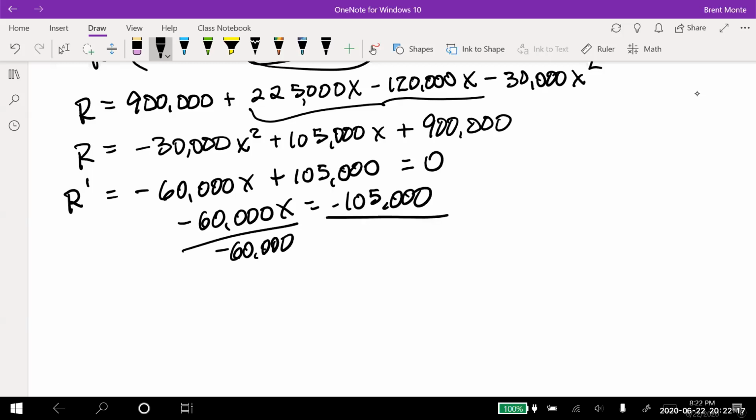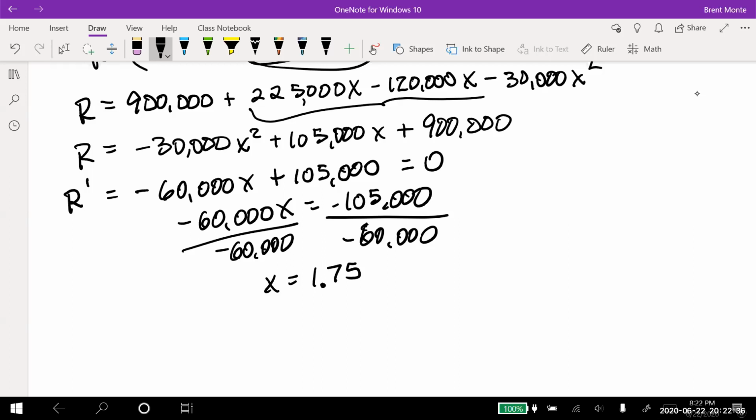Divide by negative 60,000. Let's see, that's the same as 105 divided by 60, and I get x equals 1.75.